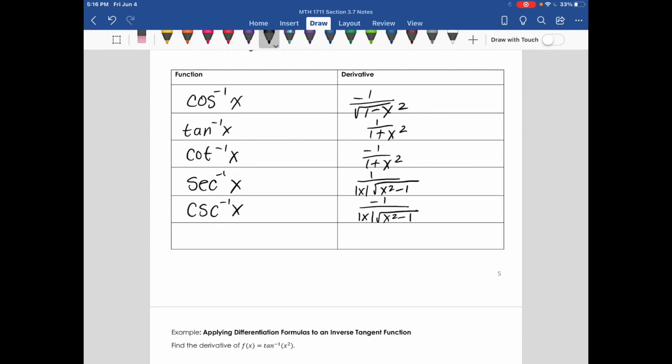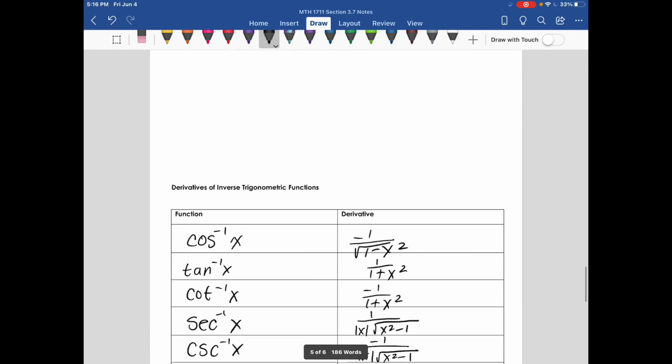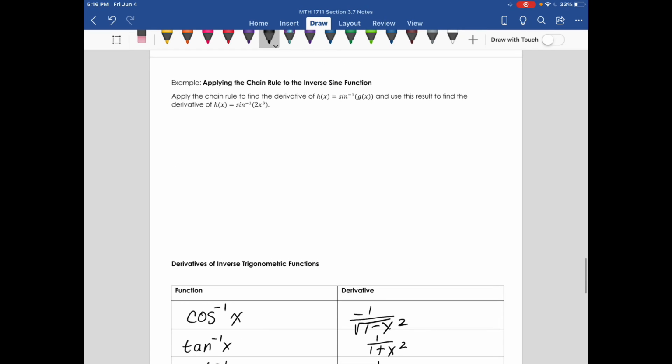The cosecant inverse function would have the derivative negative 1 over the absolute value of x times the square root of x squared minus 1. And then, of course, we can also write down the inverse sine, which we found, which was 1 over the square root of 1 minus x squared.